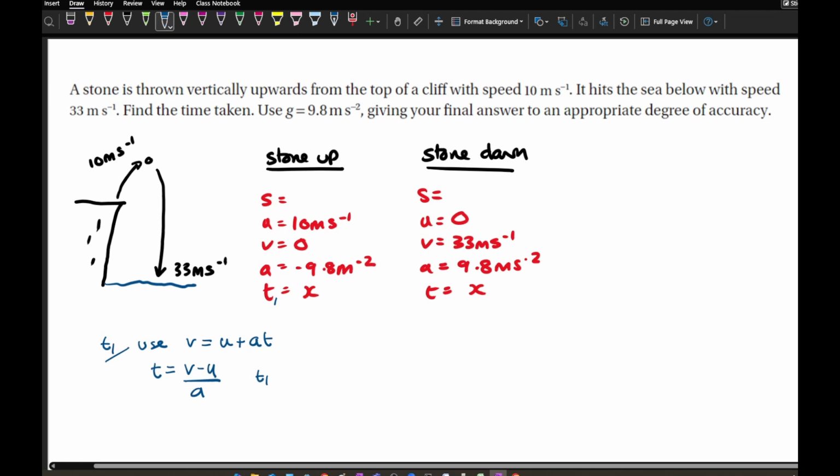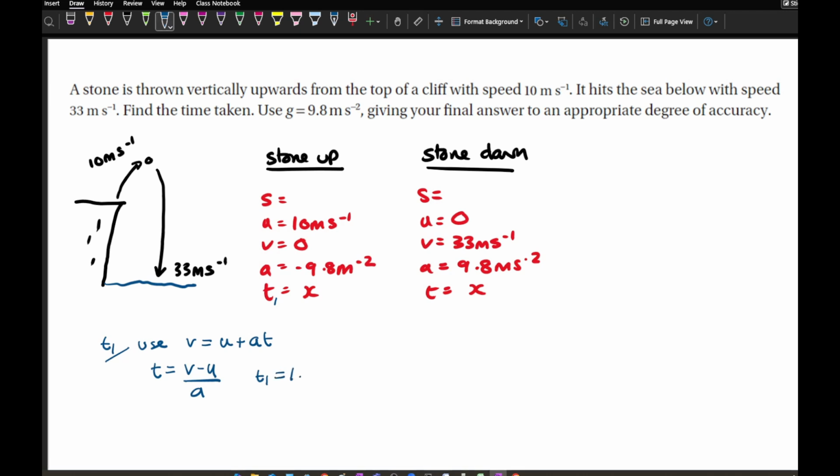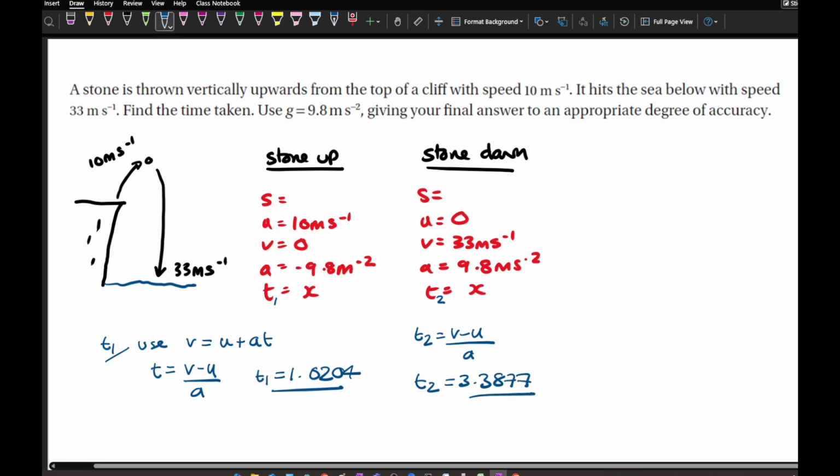So T1 is going to equal 1.0204, just to save a bit of time. If I then repeat it for T2 using the same formula, then I get a T2 value of 3.3877.